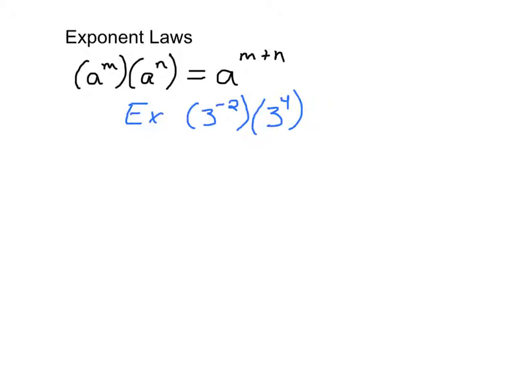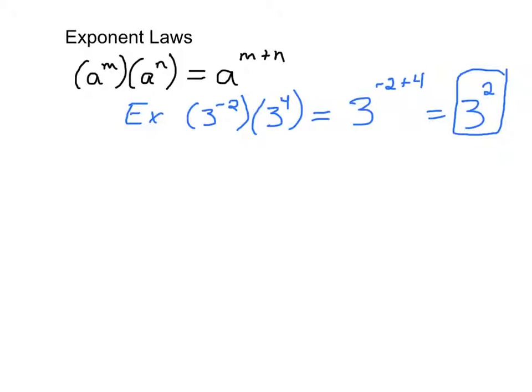Because those two conditions are met, we can simplify by adding the exponents. So we're going to have 3 to the power of -2 plus 4, and -2 plus 4 is +2. So our simplified answer is 3 squared, and that is an equivalent expression to our original expression, but just in a simpler form.